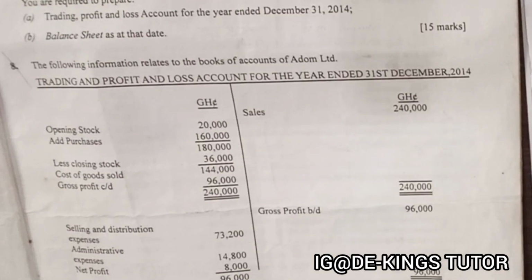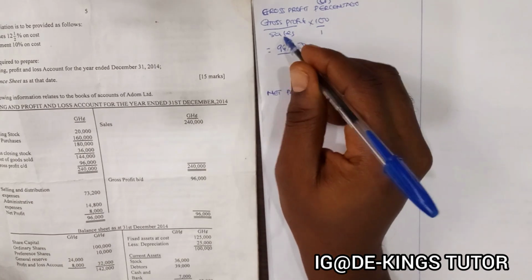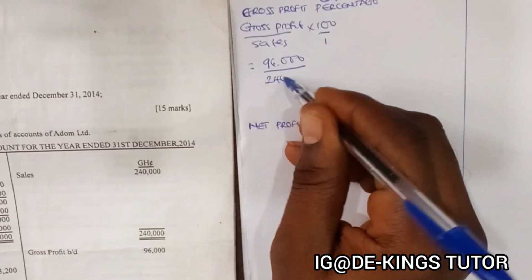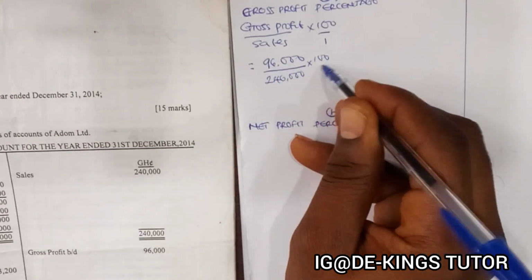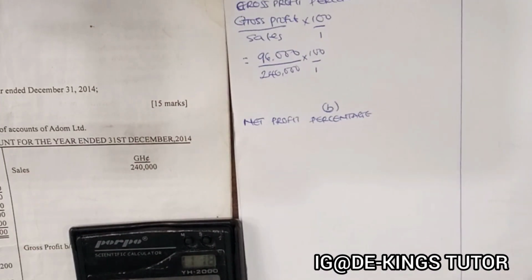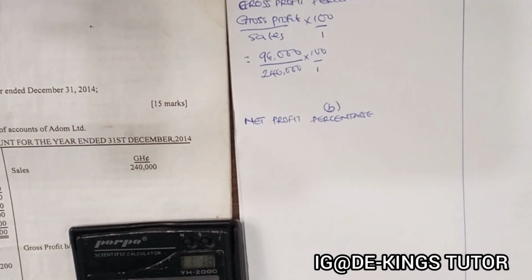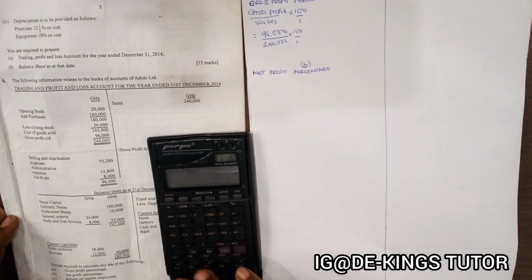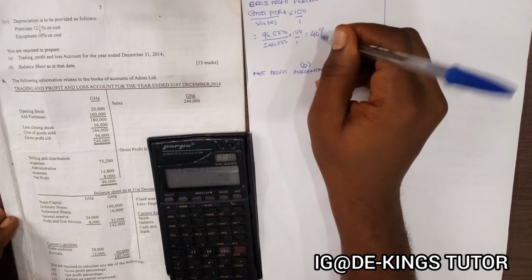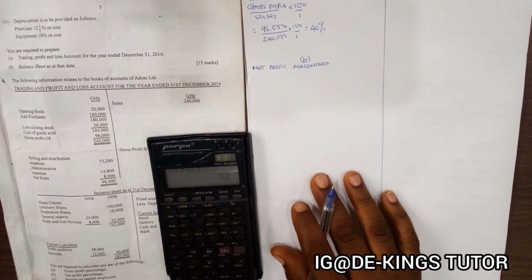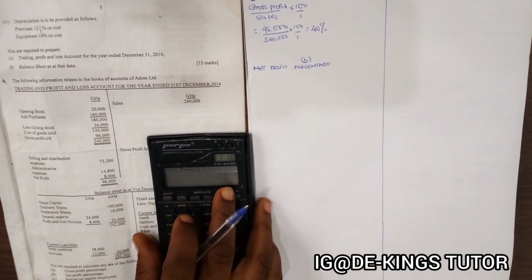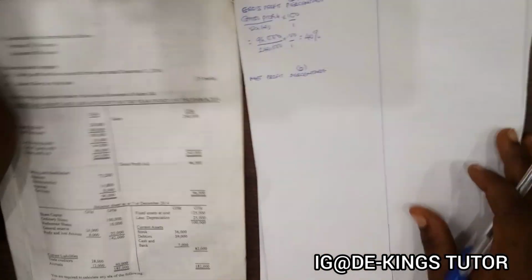So it will be 96,000 divided by our sales, which is 240,000, times 100 over 1. If we use our calculator, we have 96 divided by 240 times 100. This will give us 40%. So the gross profit percentage for this question is 40%. That's the first question.